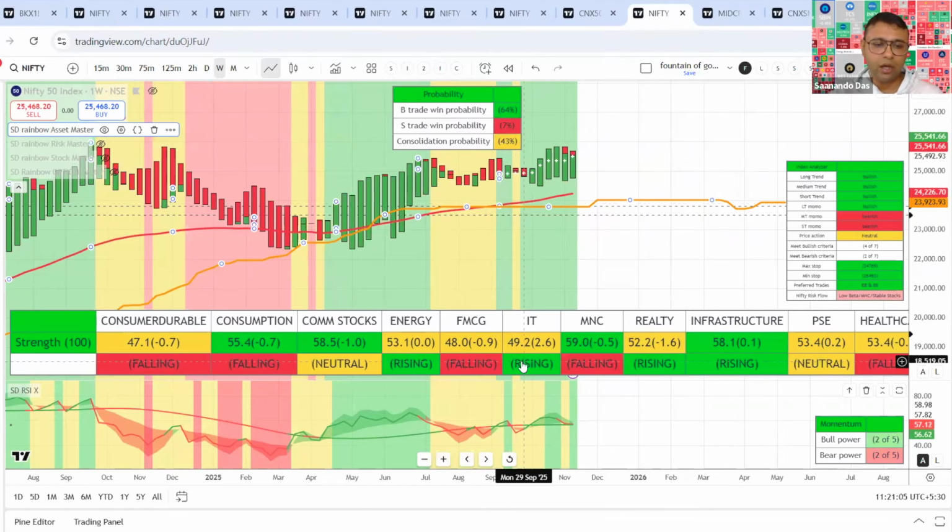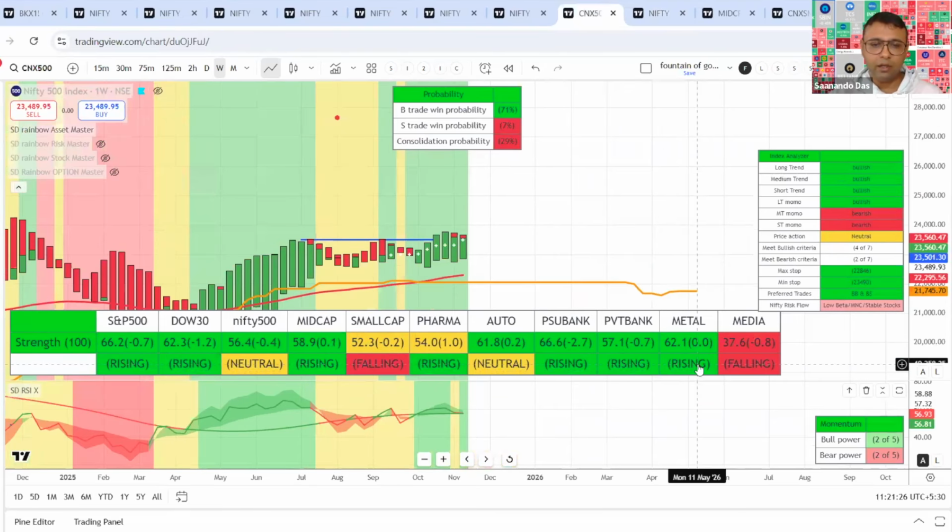I want to see which are the stocks, not necessarily jump into a trading decision. The more time we take, the better. We are thinking. Energy. Infrastructure is where I can see some strength based on the weekly chart, of course. Here I can see metal, which has been stronger and is still rising. Private banks have been stronger and rising.